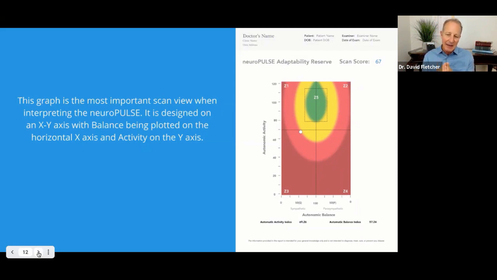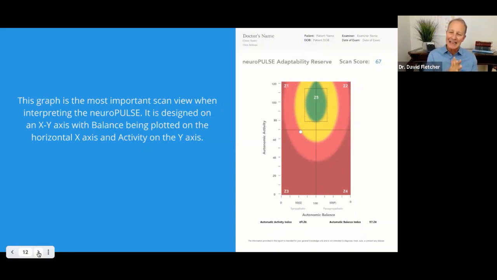The autonomic activity index, which is based on algorithms that we created looking at this data, is in this case 69.26, much below the 80. So we would know almost immediately that this person was sympathetic dominant. In fact, they were only operating at a 57.24% balance in their autonomic functionality, and they had depleted their ability to keep that reserve up above that line and certainly into the green box.